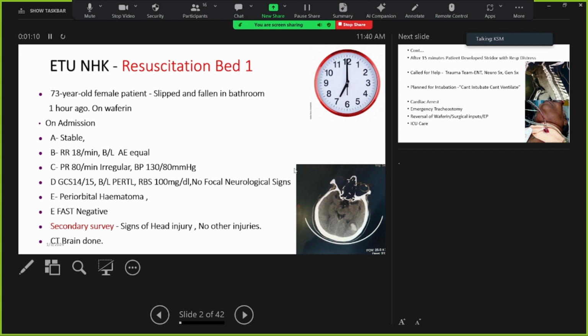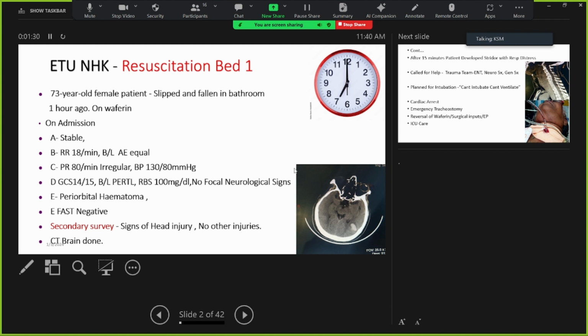So we had this patient very recently, last week, in and around 7 o'clock in the morning. We got a 73-year-old female who presented after slipping and falling in a bathroom 1 hour ago, and we found that the patient is on warfarin.